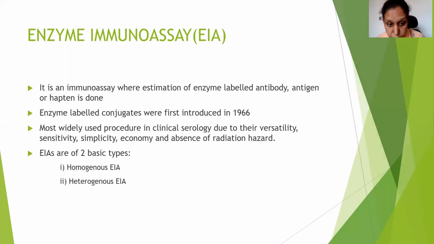It is a widely used procedure in clinical serology due to its vast versatility, sensitivity, simplicity, economy, and absence of radiation hazards. That's why we have switched from RIA to enzyme immunoassay. They are basically of two types: homogeneous and heterogeneous.